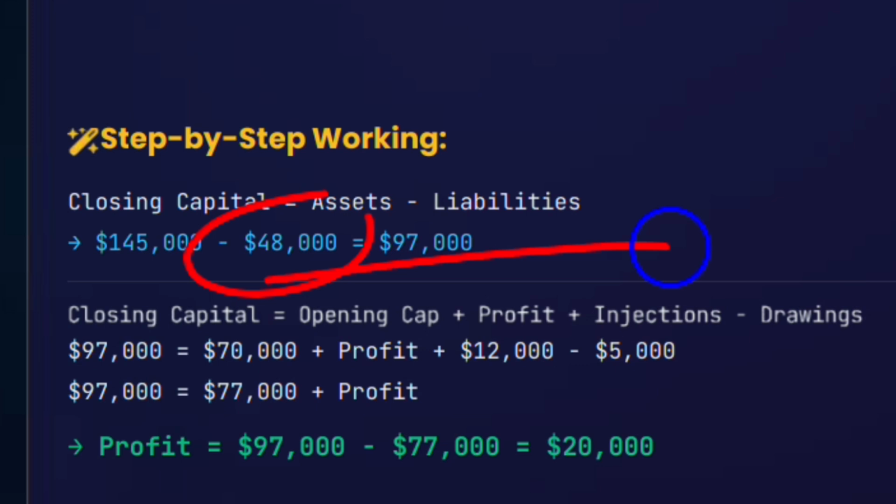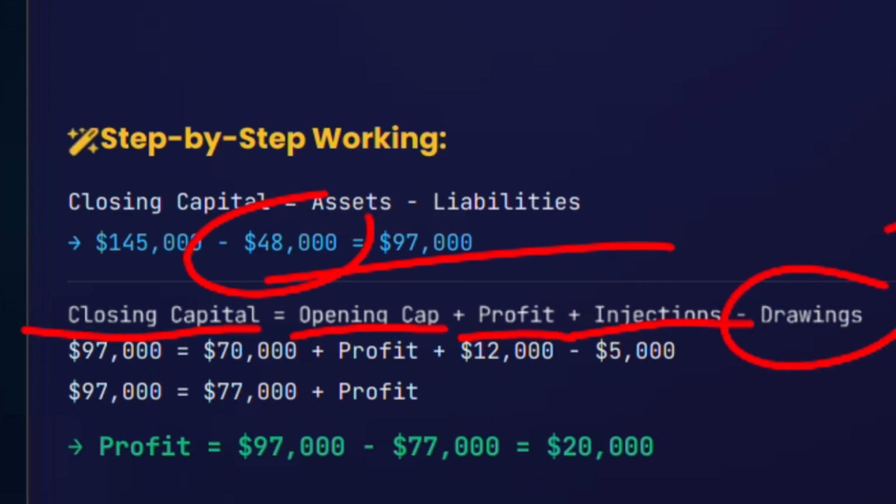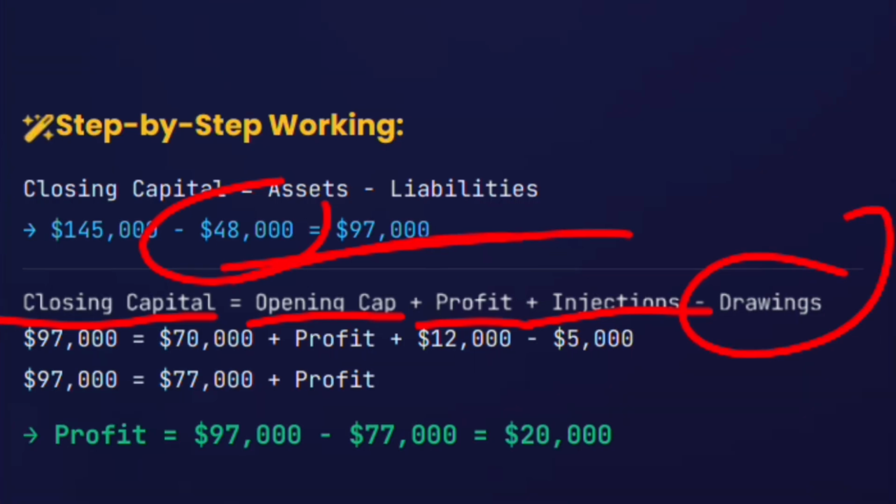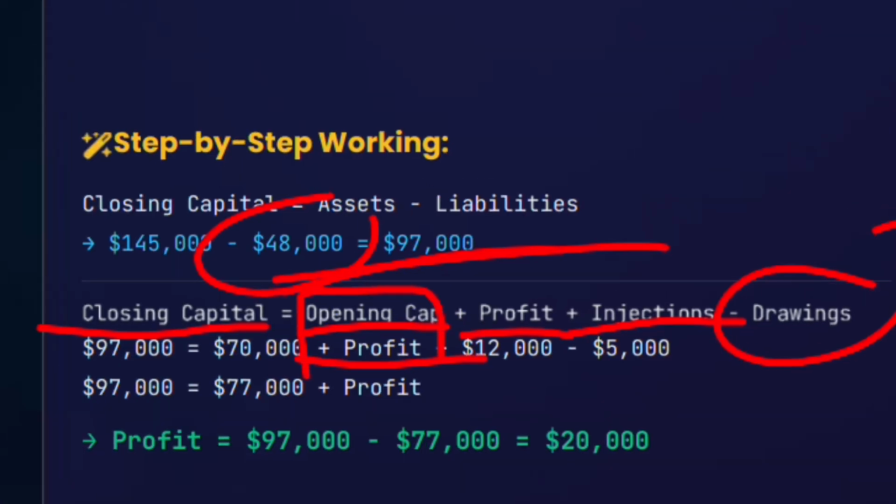Now just apply our dynamic capital formula, which is closing capital equals opening capital plus profit plus injections minus drawings. Here closing capital is $97,000 and the opening capital is $70,000, given in the question. Profit we want to derive. Injections are $12,000.